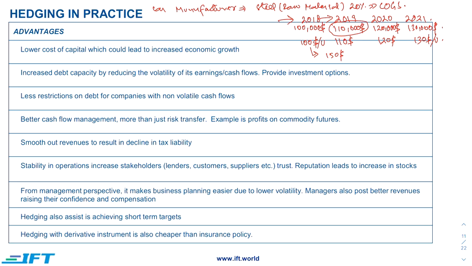In order to save yourself from that bet, what you do is hedging. You hedge your steel prices, you purchase your steel in advance from the commodity markets using some financial products. In most cases it can either be a forward or a future, and you hedge it at 115, 125 and 135.